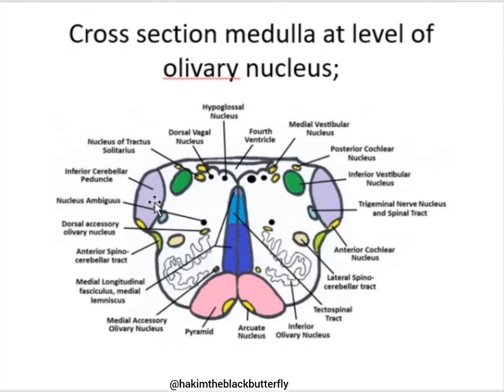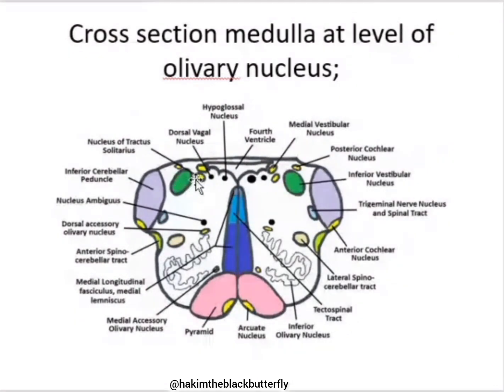Then we are going to see our inferior cerebellar peduncle, which connects the cerebellum to the medulla oblongata and the spinal cord. You begin seeing it at the level of the olivary nucleus. The inferior vestibular nucleus, which is part of the vestibulocochlear nerve, can also be visualized.